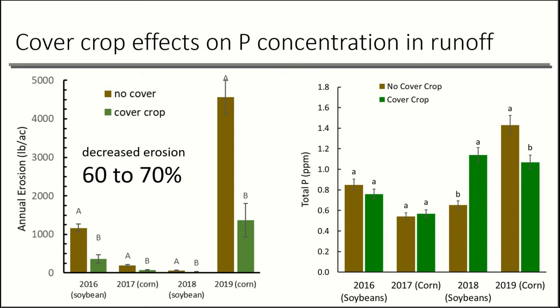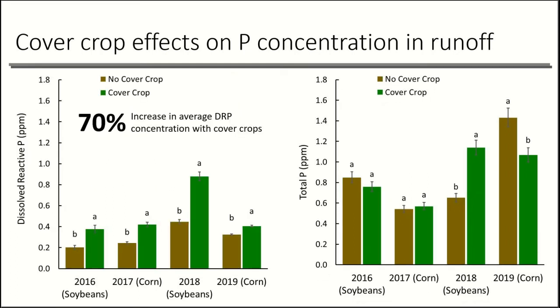So we didn't have any consistent effect of cover crop on total phosphorus concentration in the runoff water. What we did have was a consistent effect of cover crop on dissolved reactive phosphorus concentrations, about a 70% increase in the dissolved reactive phosphorus concentration in the runoff water.